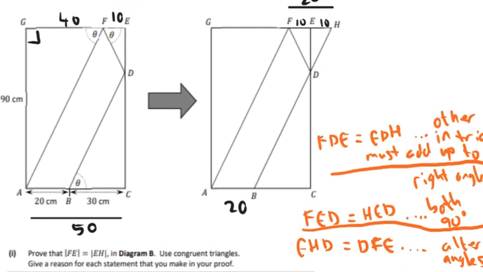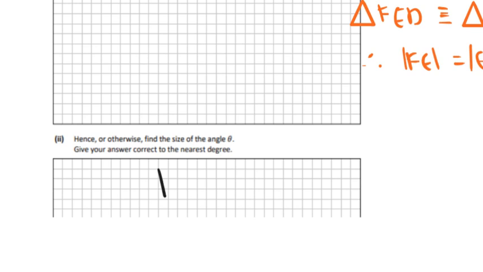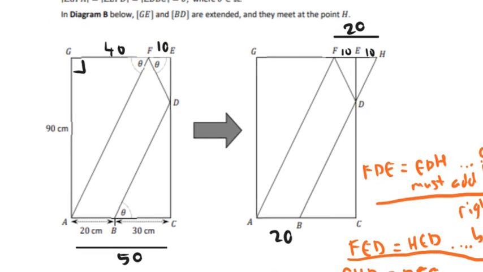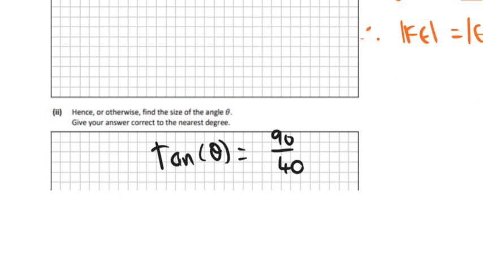So tan theta is 90 over 40. Just double check that. Yeah, 90 centimeters over 40 centimeters. And then we just need to bring over the tan.